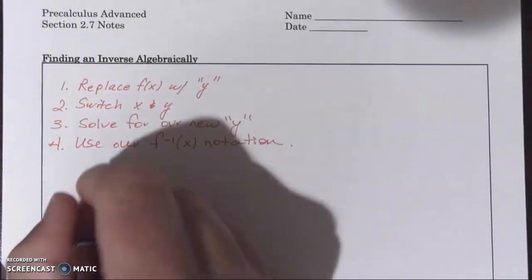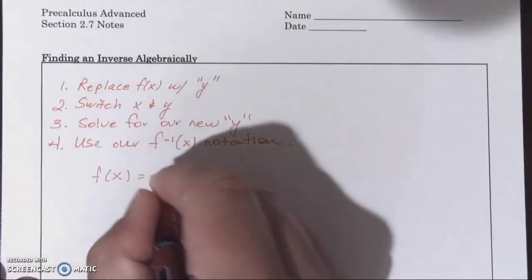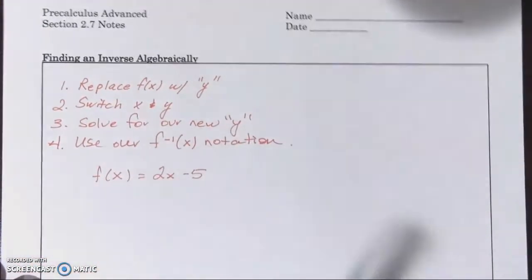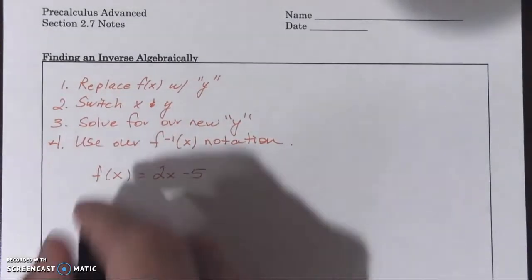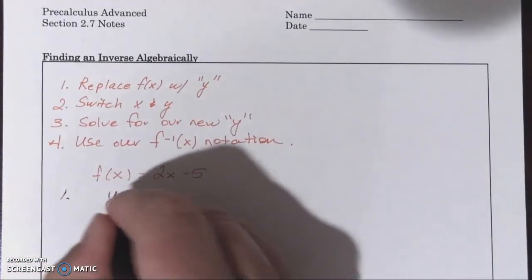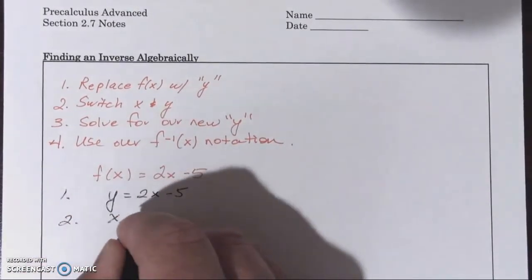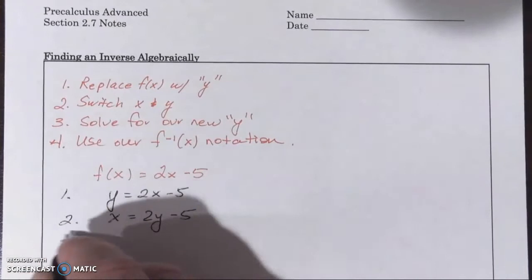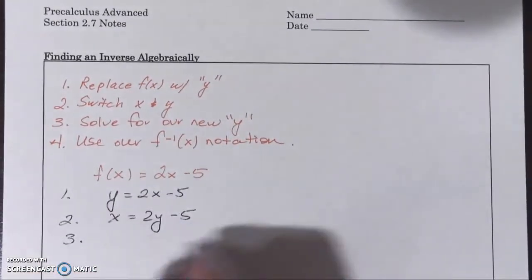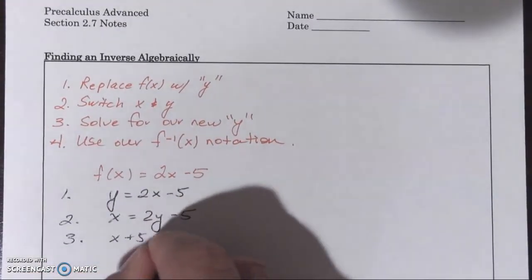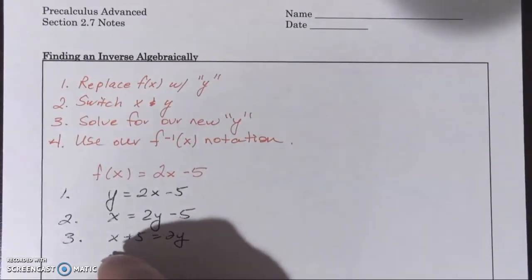Okay? So if our function, let's just give a very simple linear function. To find the inverse of the function, step 1, replace f of x with y. Step 2, switch our x and our y. Step 3, we're going to solve for y. We're going to add 5 to both sides. We're going to divide by 2.